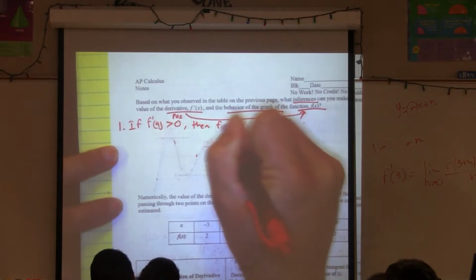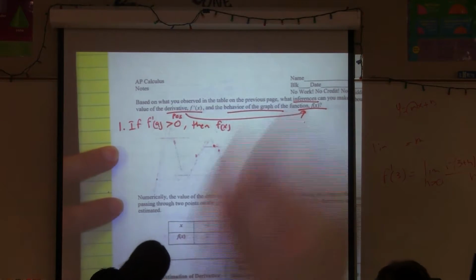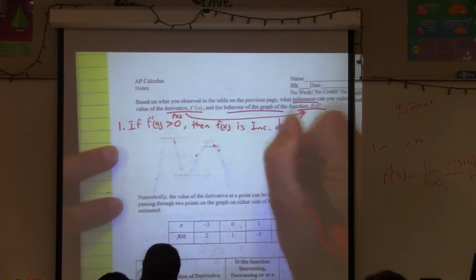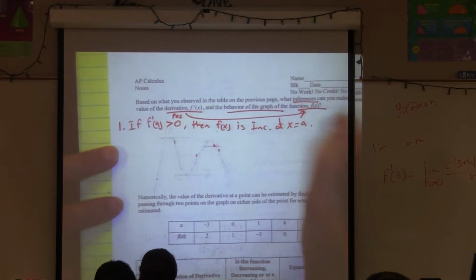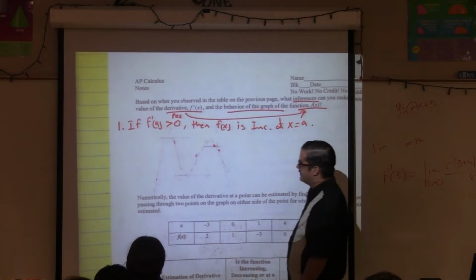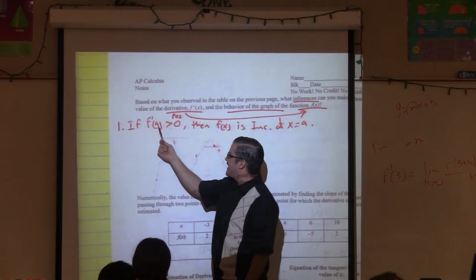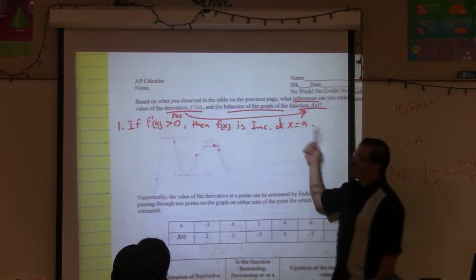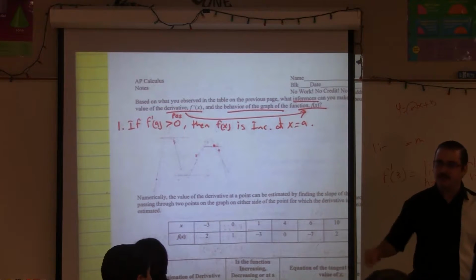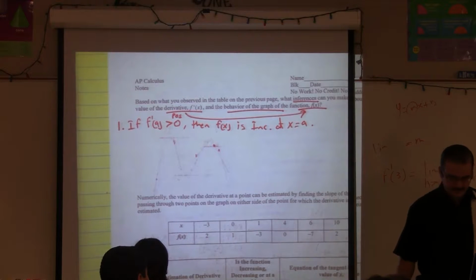So then we can say that f of x, the original function, is increasing at that value, which is a. Okay, so if the derivative is positive at a, then that means the graph is increasing at a. I don't know what's happening anywhere else, just at that value.